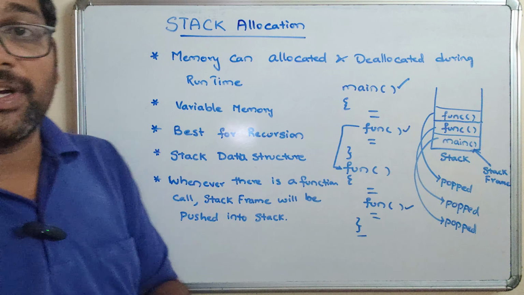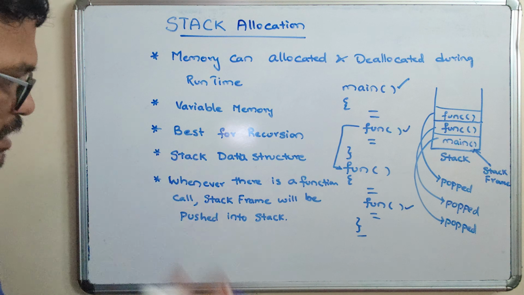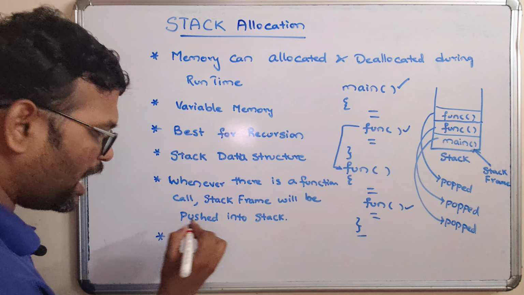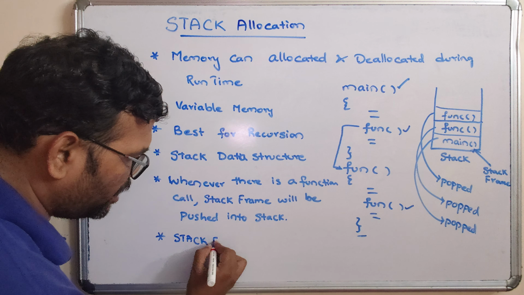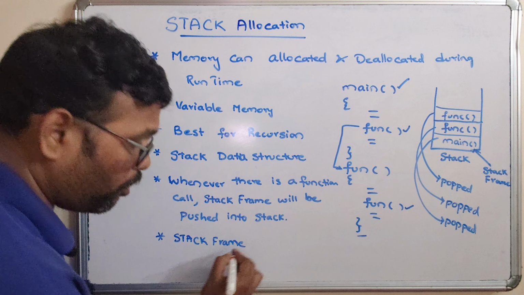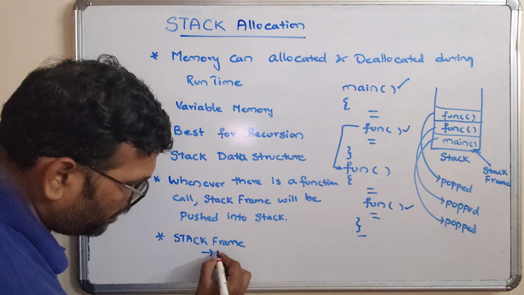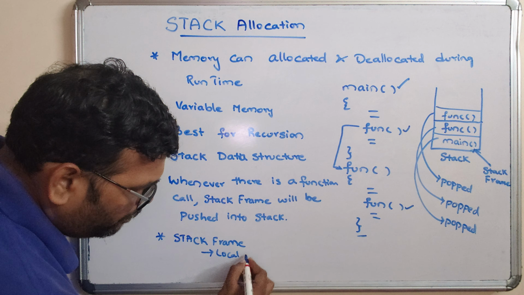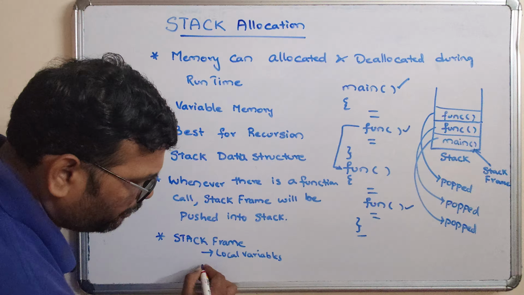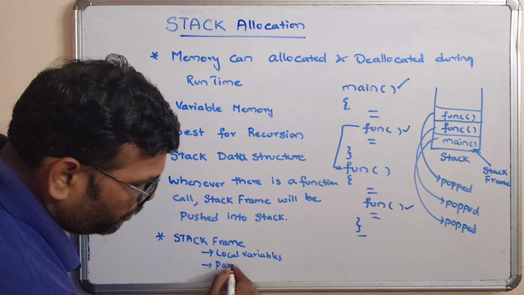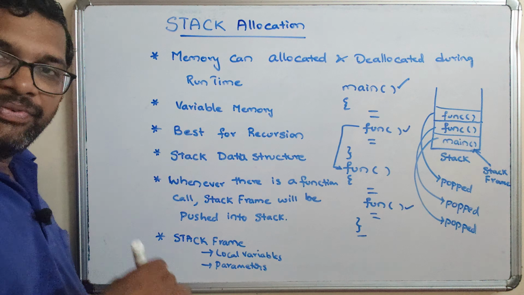Whenever there is a function call, one activation record will be created and pushed into the stack. So what exactly is available in the stack frame? There will be local variables, which we can use in the function or subfunction, and also the parameters that are passed from the function call to the function definition.